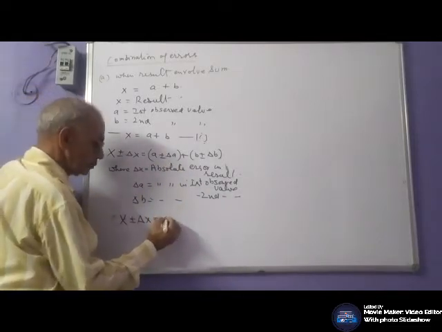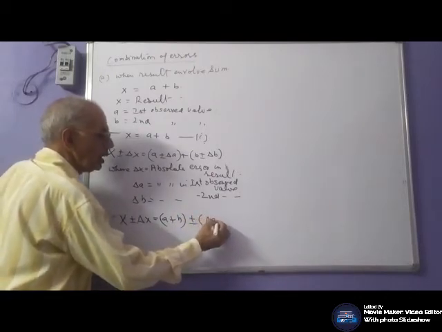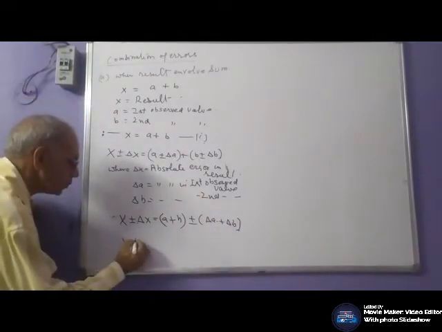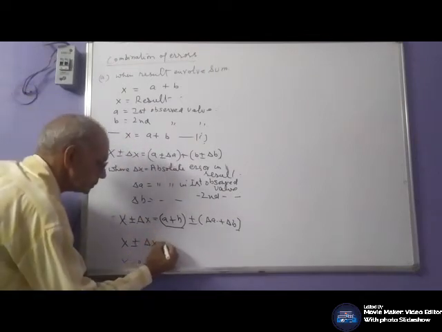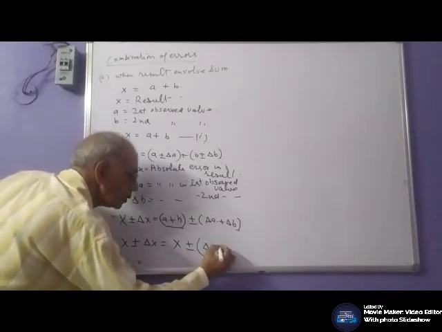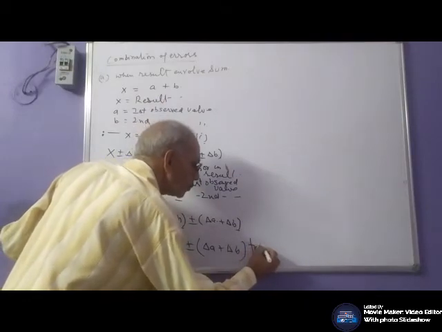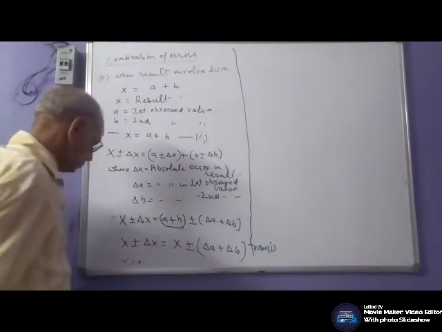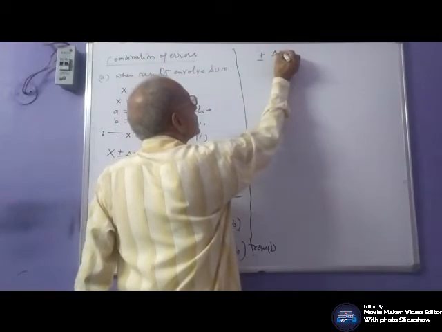Open these brackets. It is a plus b plus minus delta a, delta b. x plus minus delta x: a plus b, from first it is x, plus minus delta a plus delta b, from first x goes with this x, so plus minus delta x is what?